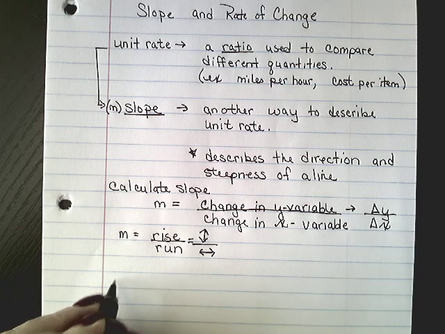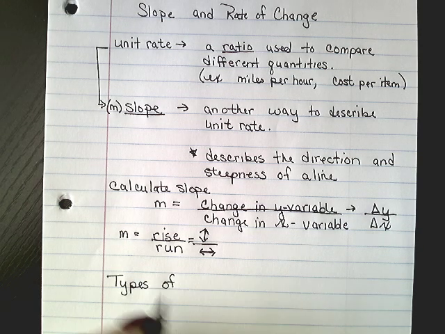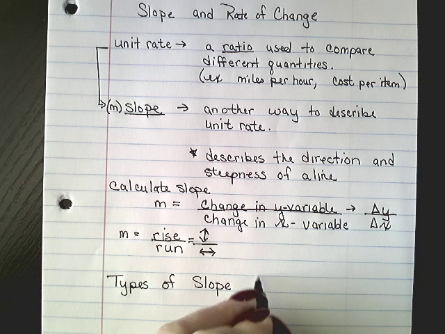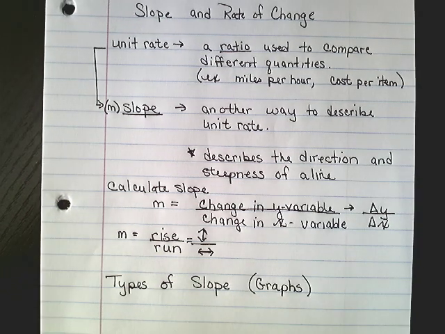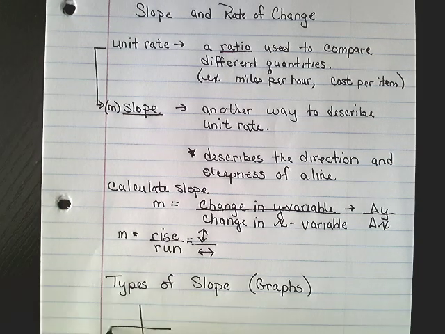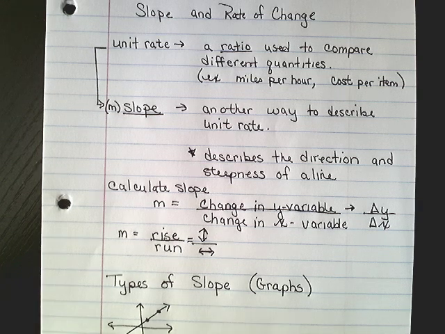All right, there's going to be different types. So let's talk about the types first, and then we will go into finding slope. So there's different types of slope that you can find on your graphs. All right, this is going to be a positive slope.